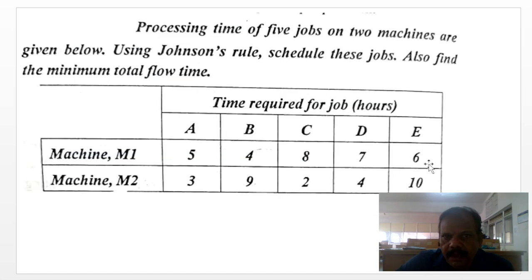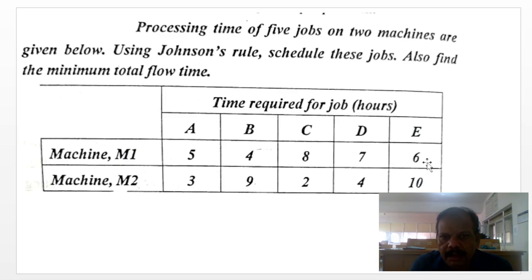So let us take one simple numerical example for understanding this job shop scheduling. The rule here is Johnson's rule. I am explaining how Johnson's rule is followed for obtaining the best optimal sequence of jobs.